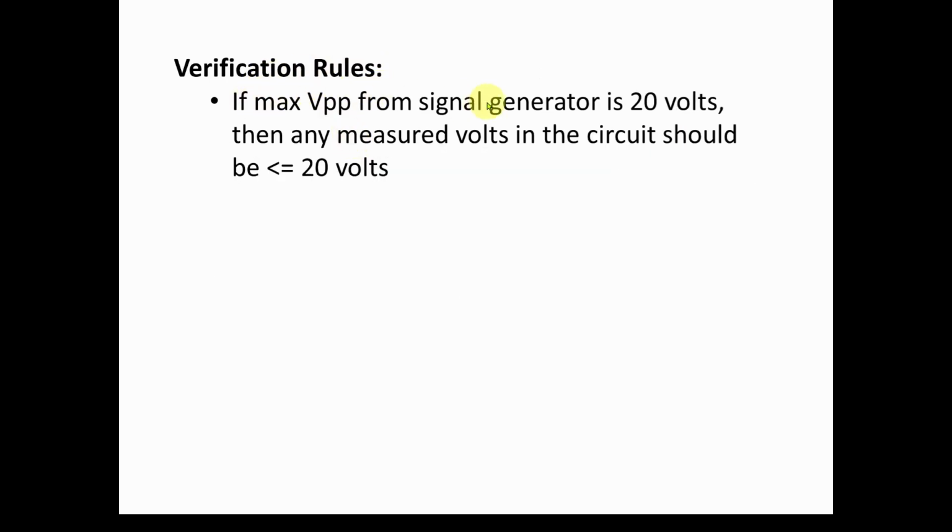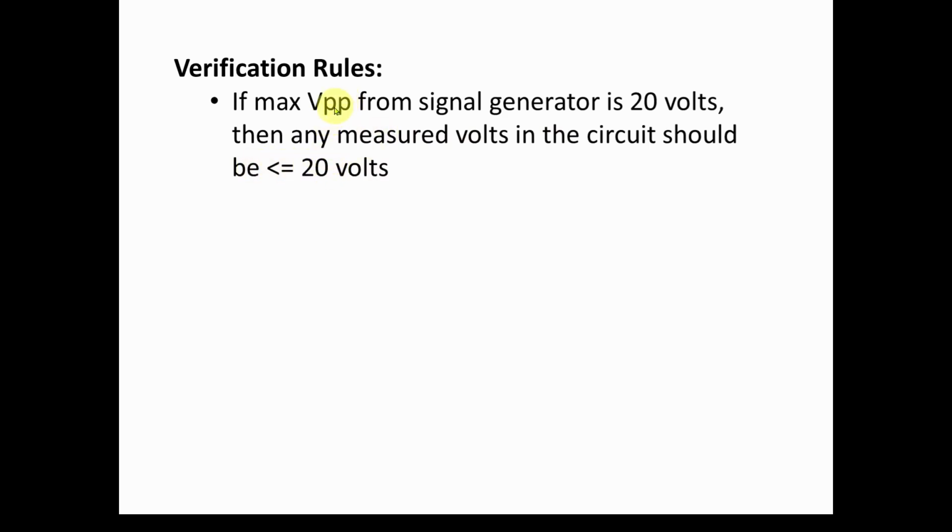Here's some rules we can use, and depending on what you're doing, you're going to use your own rules, but this is to give you an idea about how you can apply some rules to make sure you have legitimate data. Our signal generator has a maximum peak-to-peak voltage of 20 volts. That's the limitation of the signal generator. So what we can do is we can say if the maximum peak-to-peak voltage from the signal generator is 20 volts, then any measured volts we're getting from the scope obviously should be less than or equal to 20 volts, right?